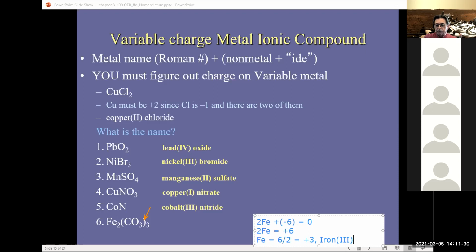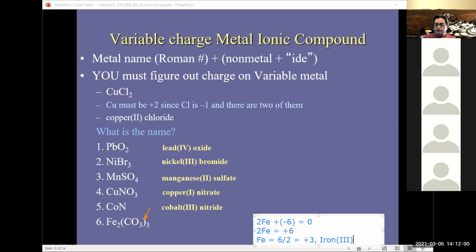That's what I did here. I set it up as an algebraic equation because I know total cations plus the total anions, in this case, equals 0. There's no charge in the whole molecule. And so I know that the carbonate, CO3, has a -2 each one. Why? Because I go to the polyatomic table and I see that CO3, the carbonate, has a -2. The parentheses tell me I'm using 3 carbonates, so I have a total of -6.